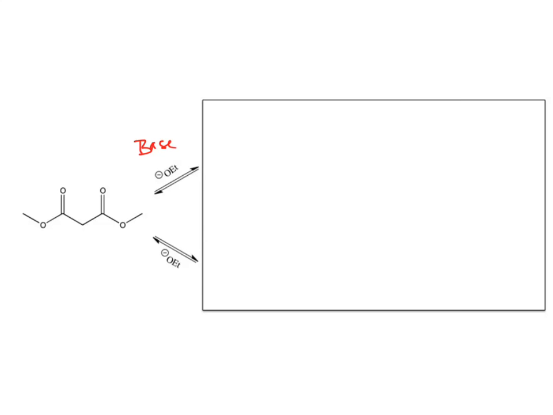Why would it act as a base or a nucleophile? It's negatively charged, which by definition means it has a lone pair, and it can pull off a proton or attack a carbon. Why can it do both?